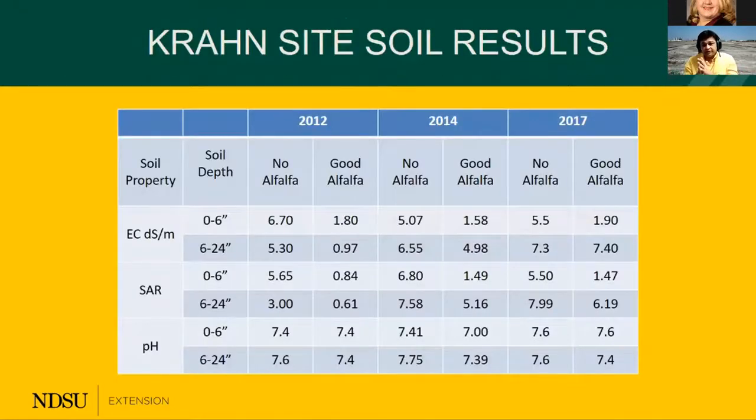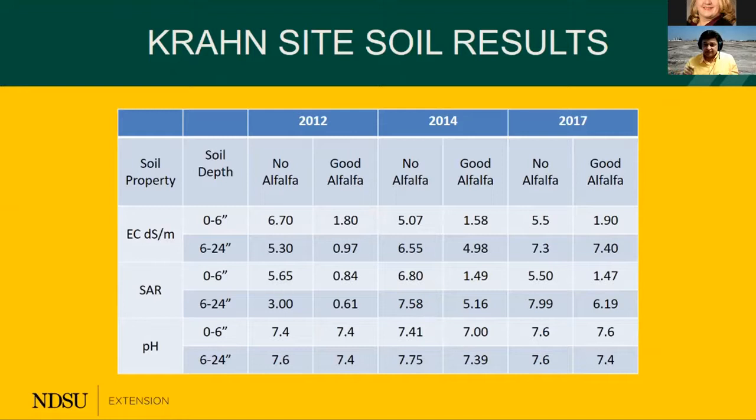So I took some samples in 12, 14, and 17, and I just want to quickly tell you, if you just look at the first 6-inch results of EC and SAR, where there was no alfalfa versus there was good alfalfa. So wherever the EC levels were at most 1.9 millimoles per centimeter, or decisiemens per meter, or 2, alfalfa was doing good.